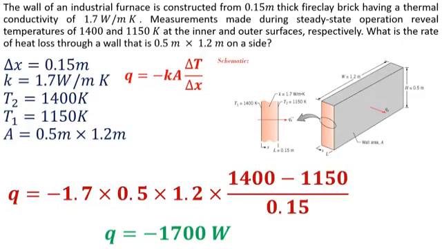Here the minus sign indicates that heat is transferring from higher temperature to lower temperature. So Q is equal to minus 1700 watt. This is a simple numerical which gives the idea of conduction.